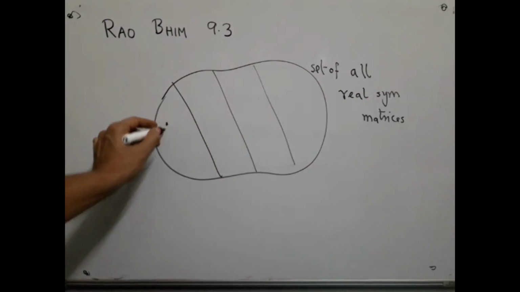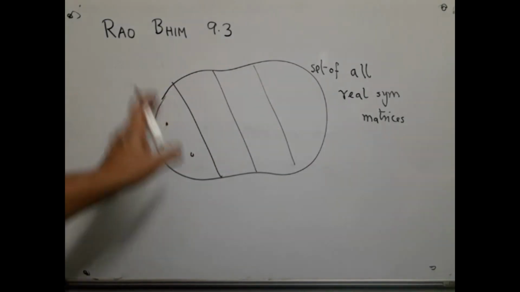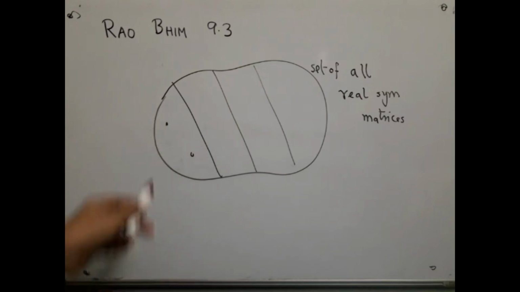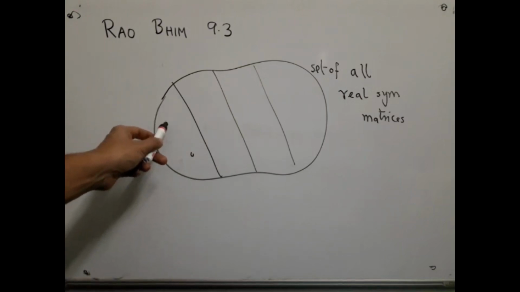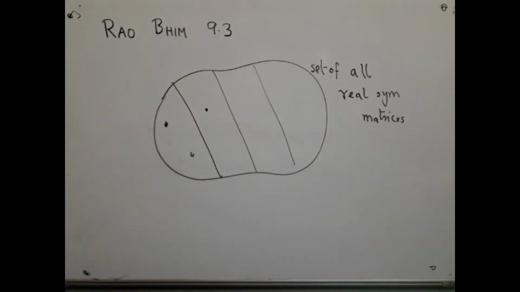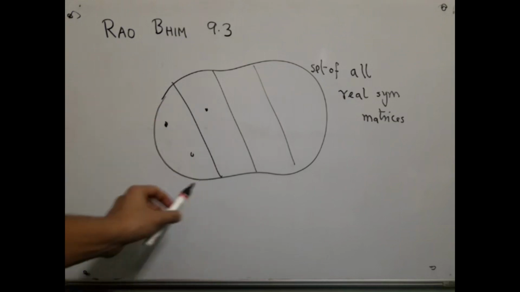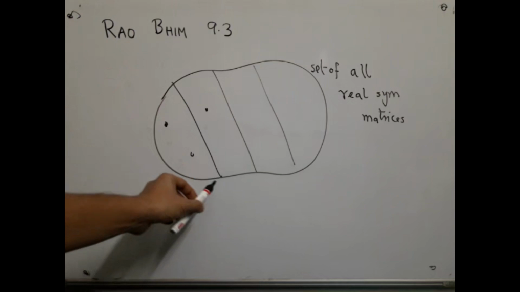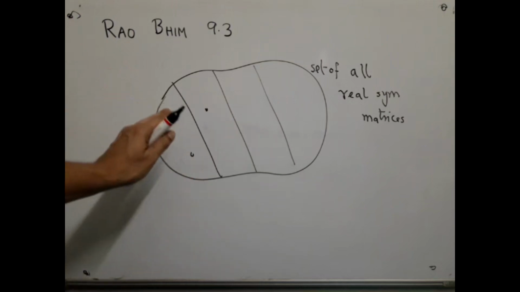So any two matrices here, every element here is a real symmetric matrix, in the same block are congruent to each other, and if I take one matrix here and another matrix in a different block, then they are not congruent. Then each of these blocks represents the same quadratic form. So the properties that we are interested in will be basically properties that are shared by all real symmetric matrices in the same block.